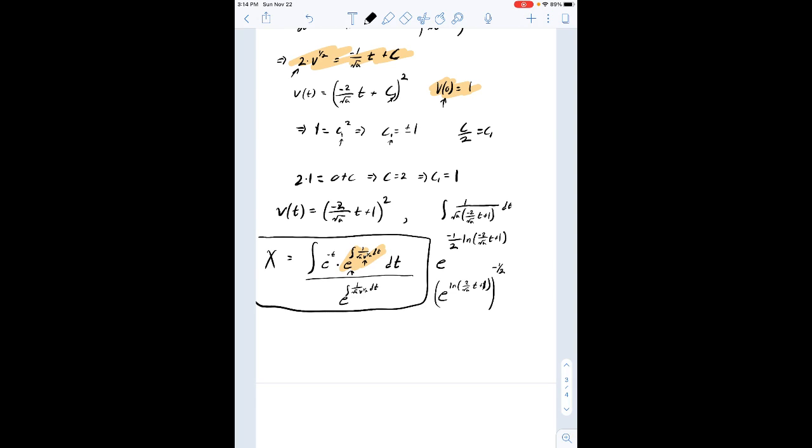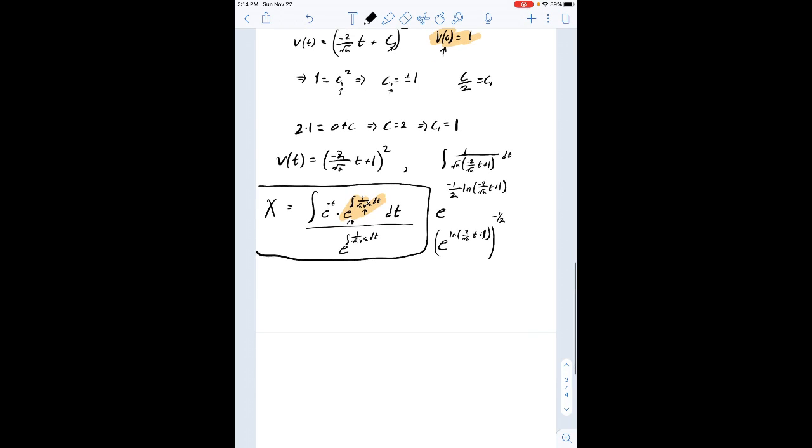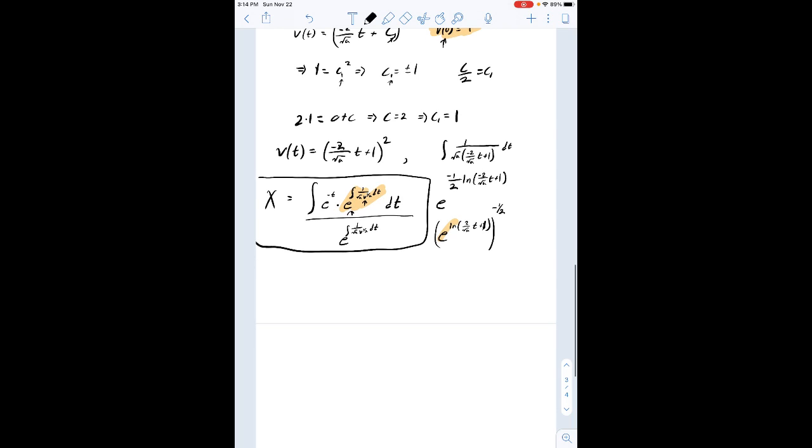If we remember our exponentiated power rules, we know that this would just go in front. All right, so now we know that this and this cancel out. So we can cancel out the e in the natural log. So we get our e to the integral of the dot term is just equal to 2 over root a t plus 1 to the negative 1/2.